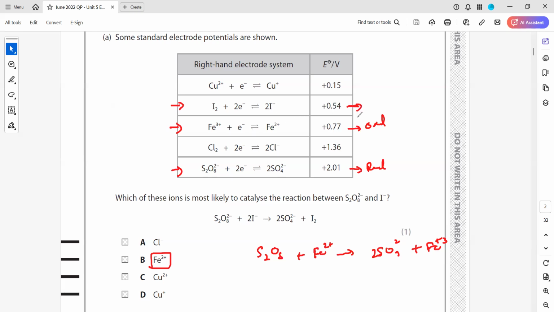If we check the second reaction between them, because this has a higher oxidation number, a reduction will happen and this will be oxidation. So the iron 3 will be reduced to iron 2 because it has a higher potential.